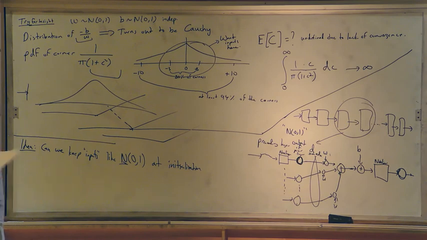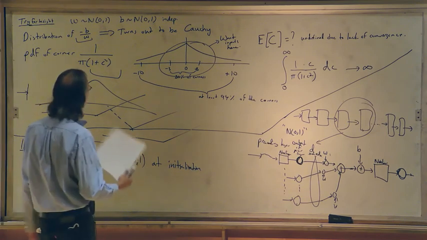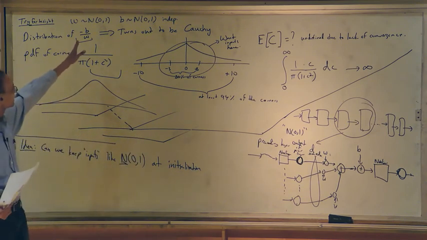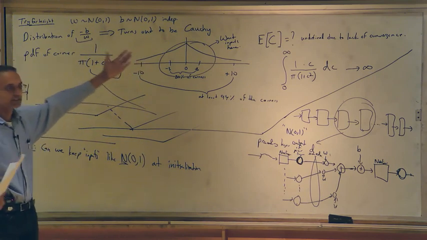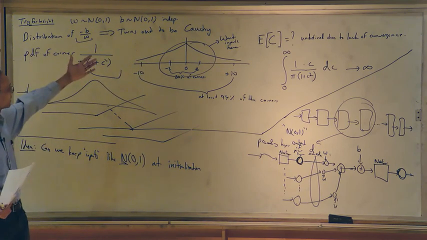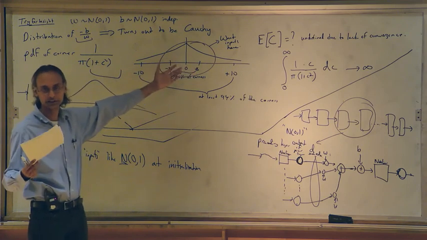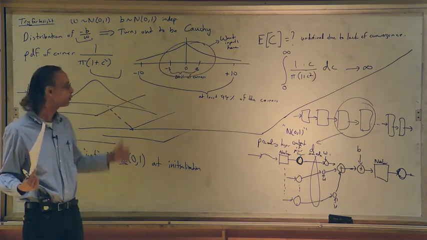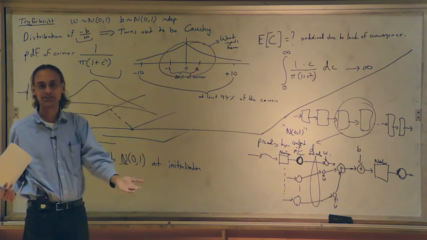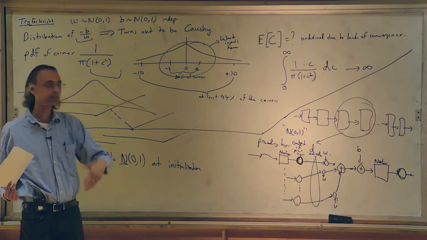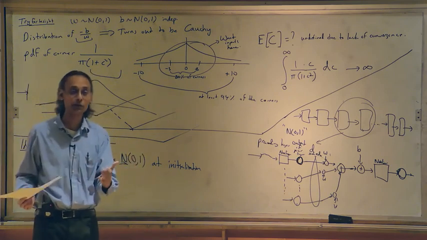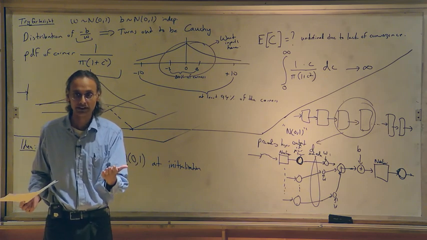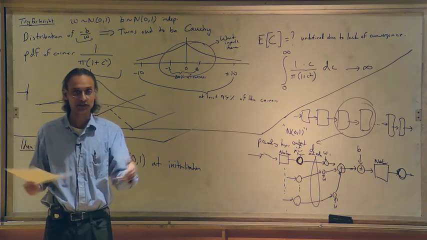Excellent question. The question was: we started off by saying we have something that's normal 0, 1, just to tell you why we care about the neighborhood of 0, because we get the Cauchy. But now we're talking about initialization to different things. So with these new initializations, do we still care about the neighborhood of 0? That's a really good question.